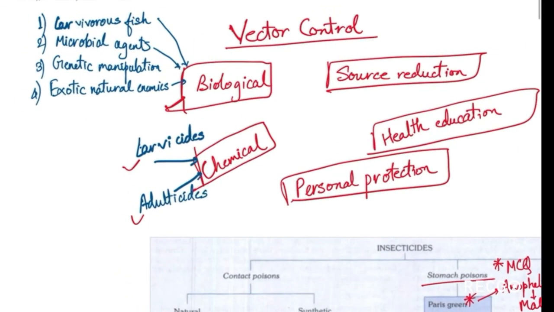So genetic manipulation, larvivorous fish, gambusia, we can use microbial agents. We can use coelenterates, hydra, and some bacterial agents. We can also use Bacillus thuringiensis, and there are some exotic natural enemies of some vectors.